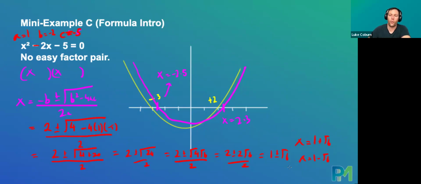And so what we're saying is that if this method for factorizing the trinomial doesn't work, we have to resort to this formula. Now we do not want to use this formula unless we have to, okay?